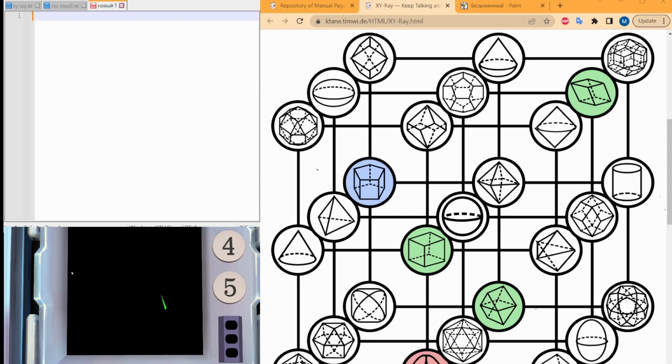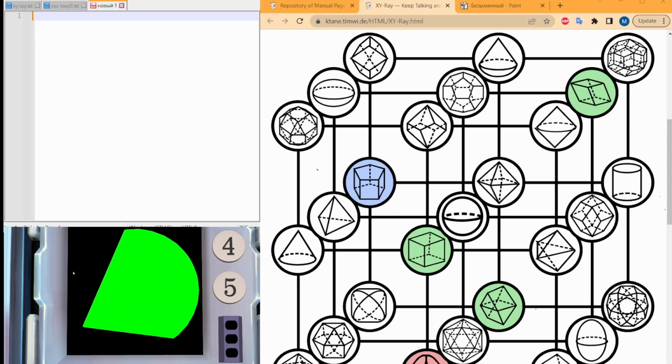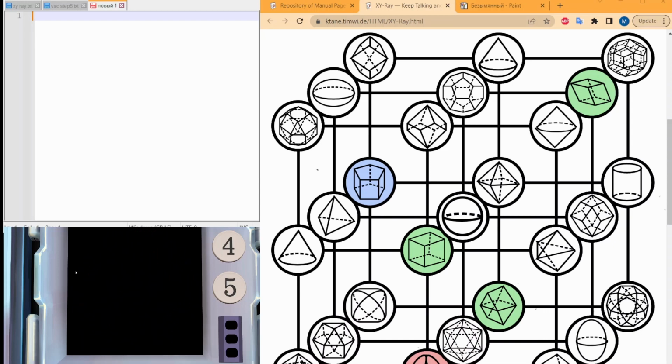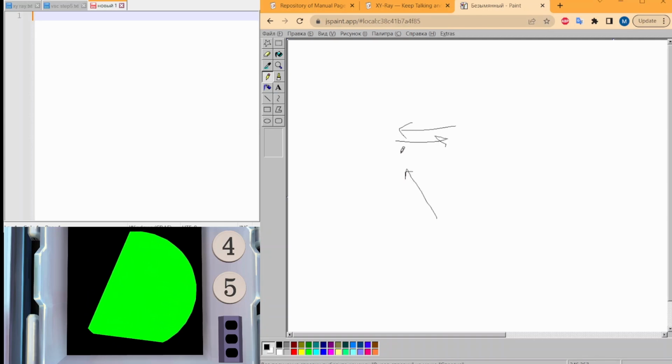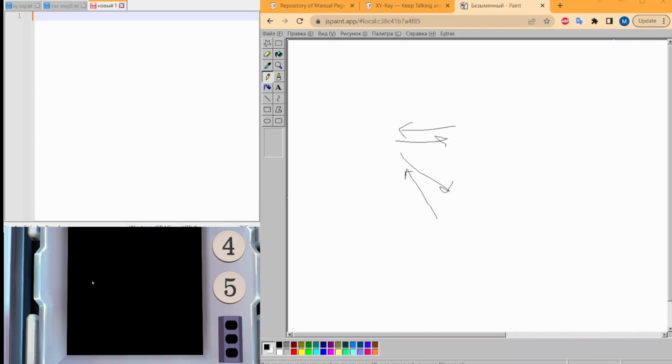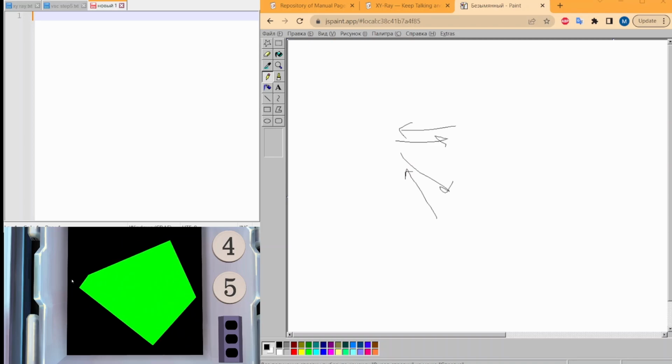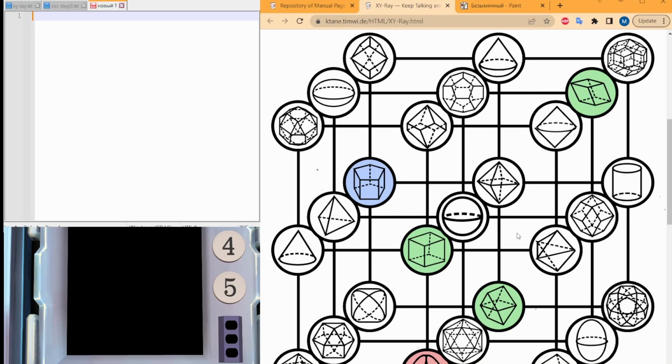Let's double check. One, two, three, four. 2 of them went here, and 2 of them returned. 1, 2, 3, 4. Yep, that's definitely this one.